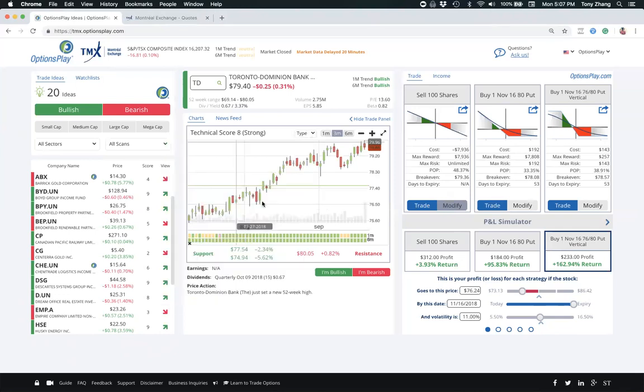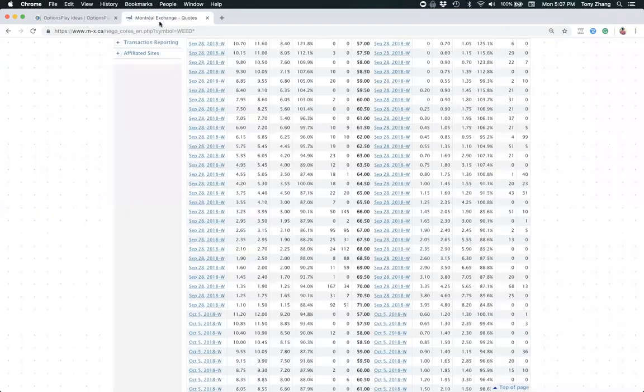How much open interest or volume should options have? This is a really good question, and a lot of people tend to use open interest and volume to gauge liquidity, when in reality, that's not what you should use. As you notice here, open interest and volume tend to pool around the round numbers, and the numbers that have less, for example, the 65s will have more volume than the 65 and a halves.